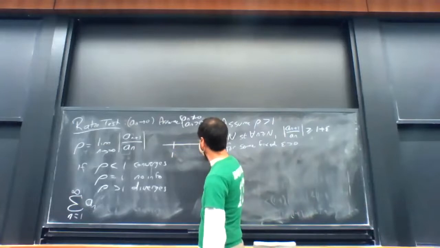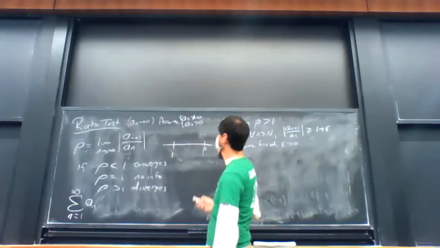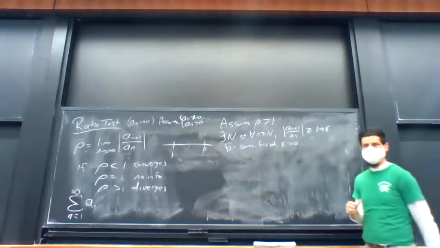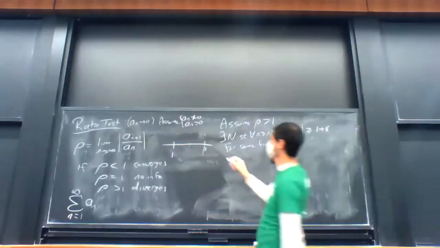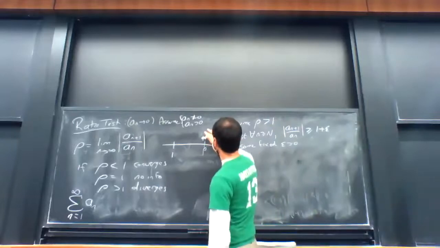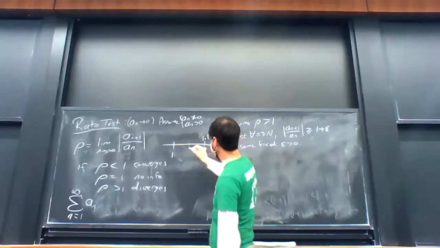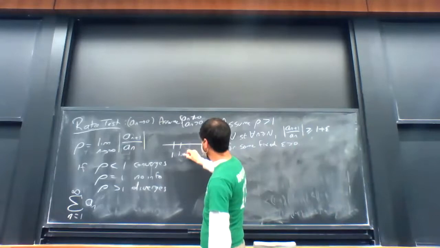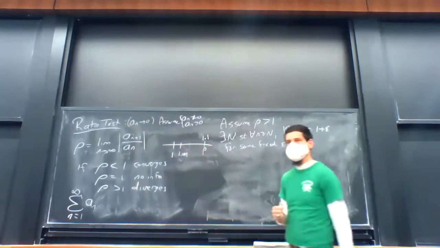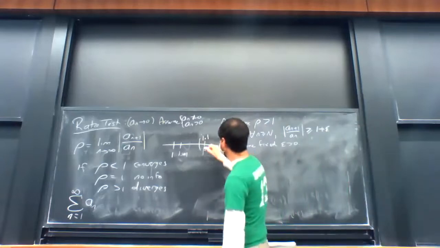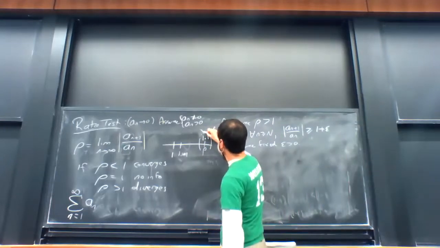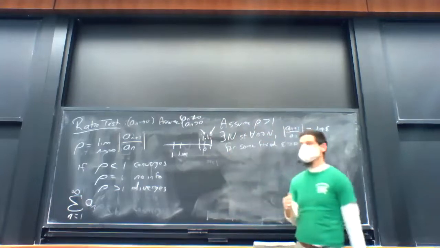Here's 1. Here's rho. Rho is some number greater than 1. Somebody give me a number greater than 1. 1.1. So I can choose a really small epsilon, 1.001. And now whenever little n is sufficiently large, my ratio is going to be very, very close to rho.